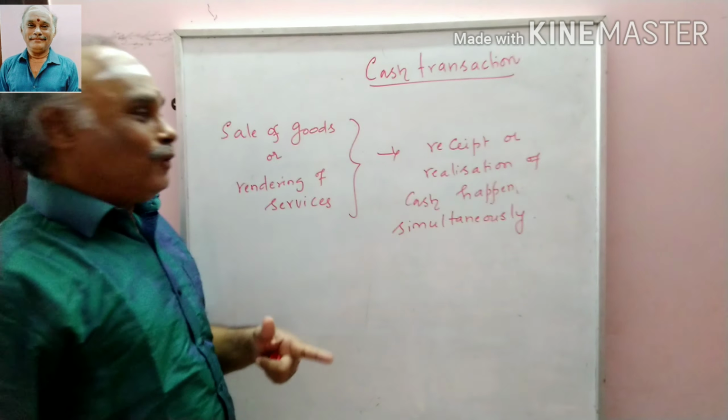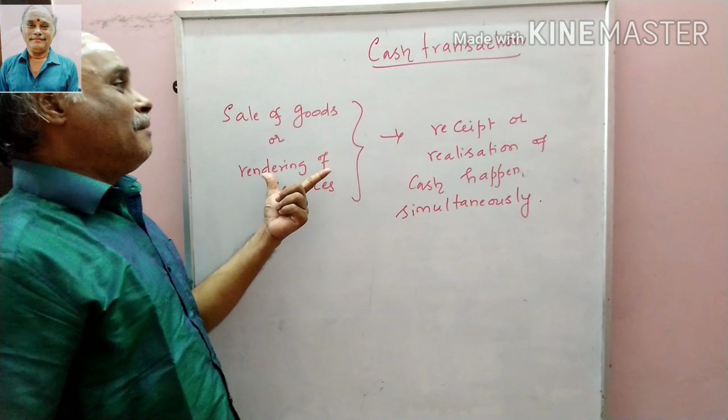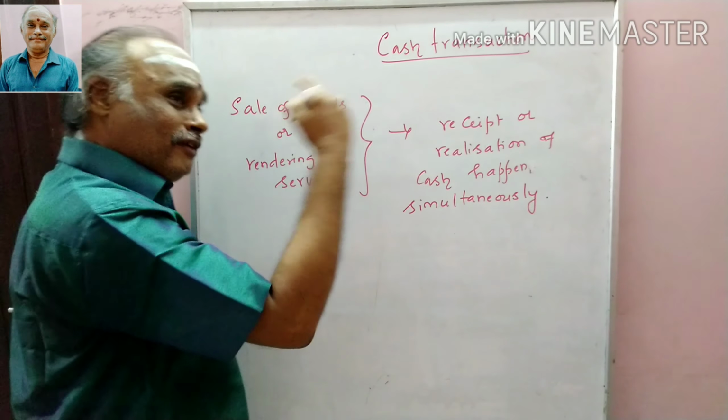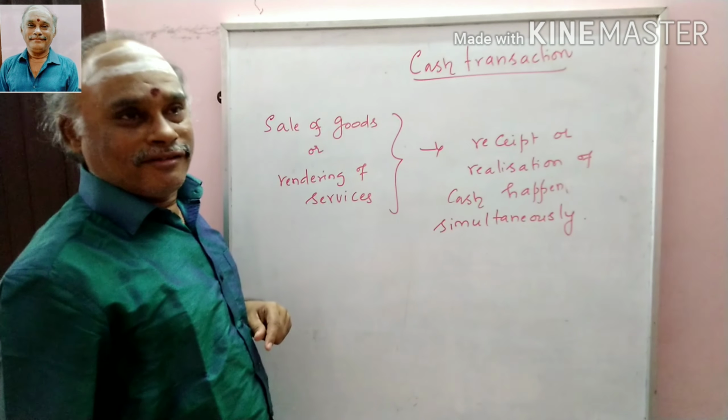So the risk is zero. Give the money, take the goods. This is where the commercial transaction with respect to cash is nil risk, because you sell the goods and correspondingly you take the money from your customer.